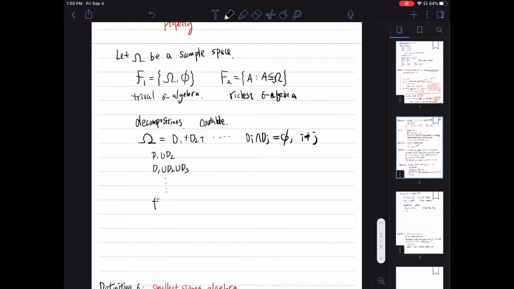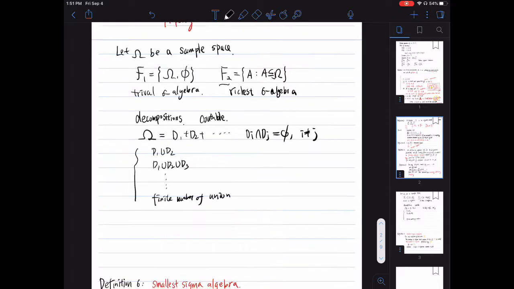So we find these finite unions, and we put all of those sets into one collection of sets, and that is going to be a new way of generating an algebra. Comparing this new algebra generated from a countable decomposition to F2, which is directly generated by omega, we have a smaller set.